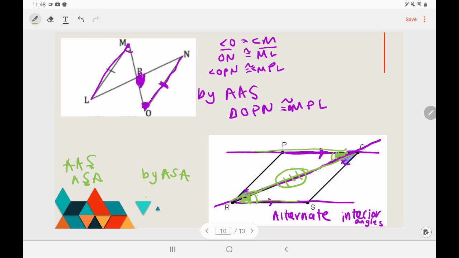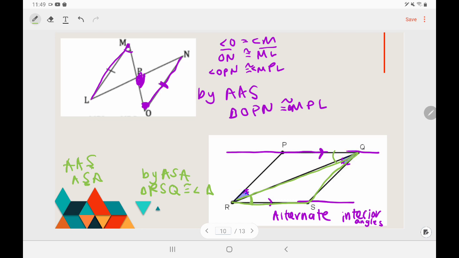And I can say that triangle RSQ is congruent to triangle. Remember, we are very specific as how we mark these. So if I started with RSQ to make this triangle, I've got to start with the corresponding on my second triangle.